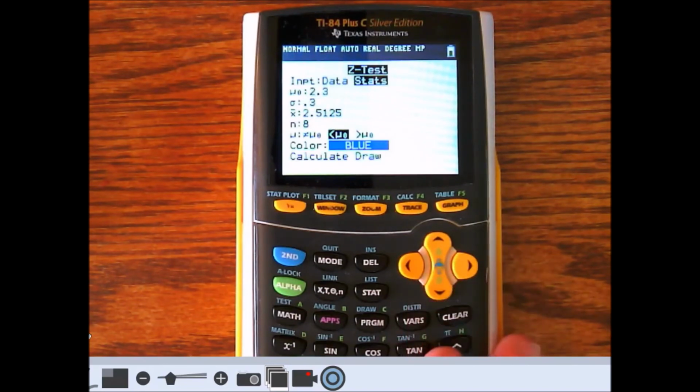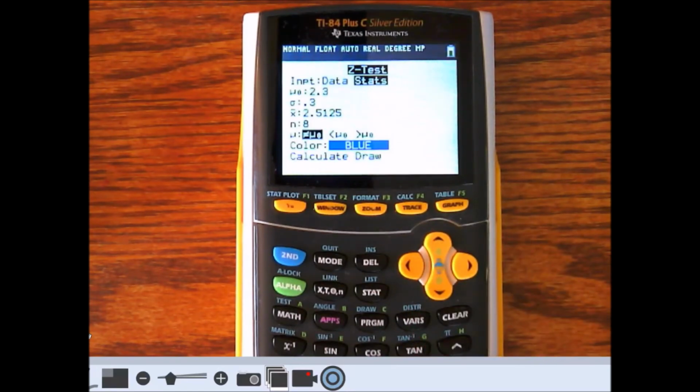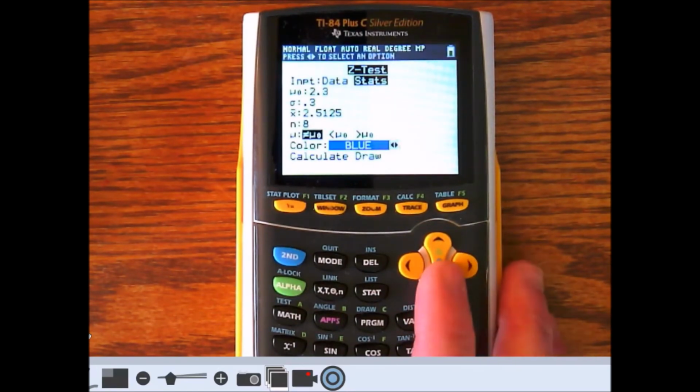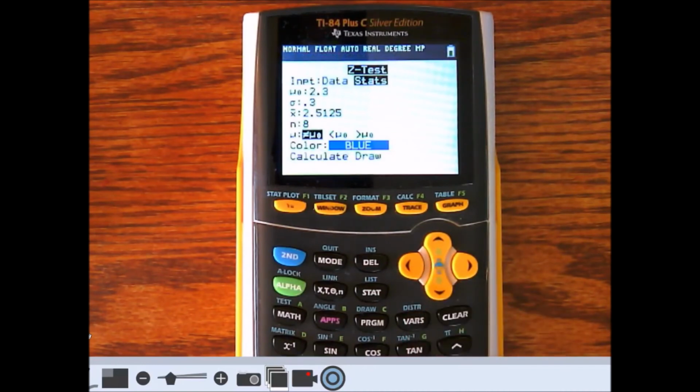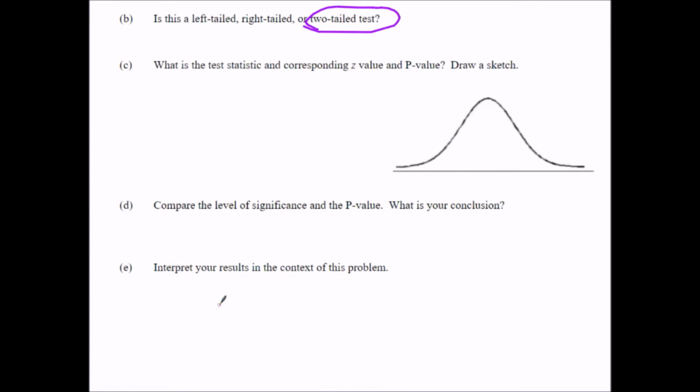Our sample mean kind of fills in for us, 2.5125. We have 8, and we are doing not equal to. We're just going to calculate. All right, so the z-score is 2.00. If we were doing a standard normal, this would be 0.